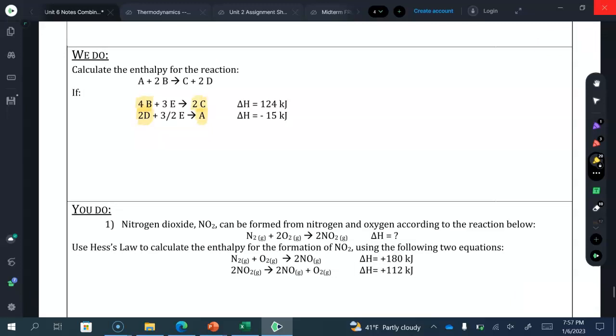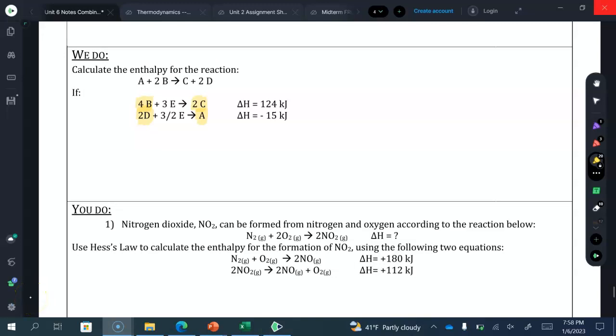Those are the ones that have to be in the end. So using those, manipulate by either multiplying, dividing by a coefficient, and then flipping the reaction as needed, and figure out if you can find the delta H. So please pause the video and try now.